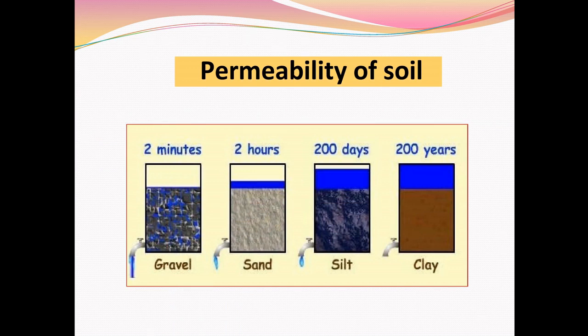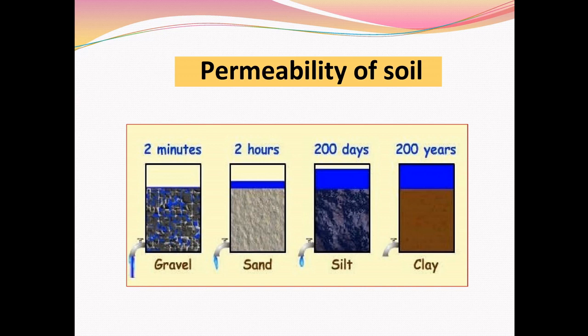Look into this figure, which shows the comparison of permeability values through various types of soil. Consider a 1 meter height of soil medium through which water can pass. In the first figure, gravel, the water takes 2 minutes to flow through a distance of 1 meter.